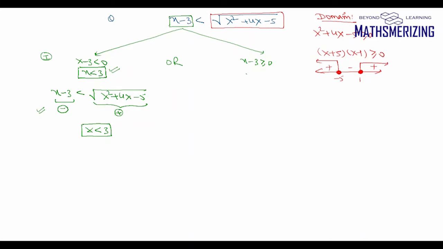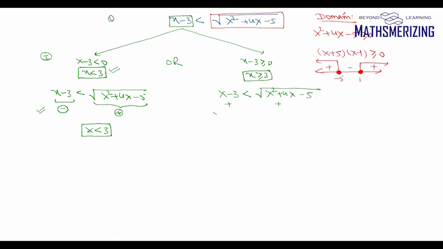Now when x is greater than or equal to 3, in this case the inequality is x minus 3 is less than under root of x square plus 4x minus 5. Now this is positive and the right hand side is also positive. So since both the expressions are positive, I can square it.